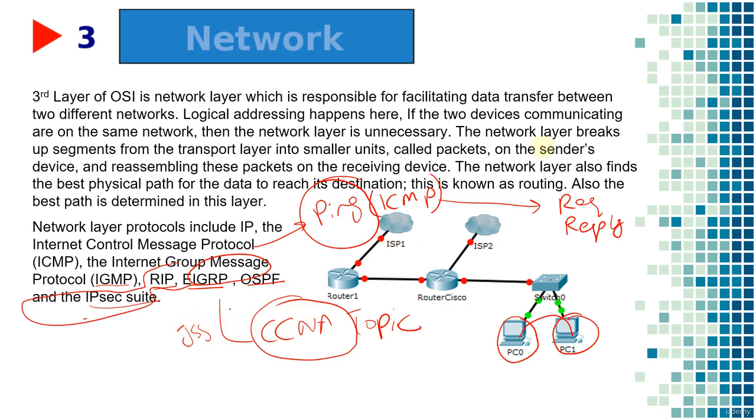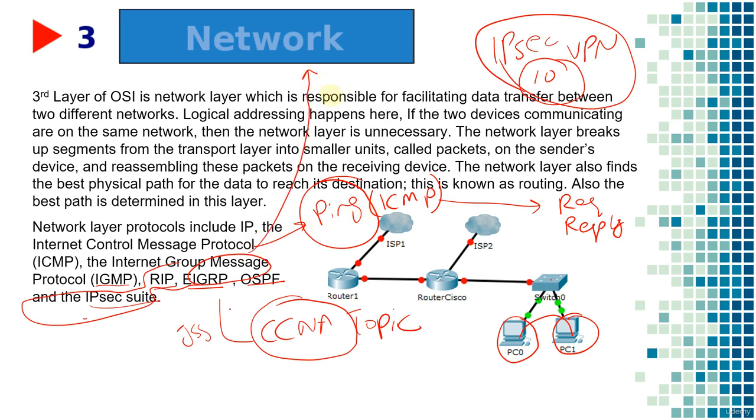Even just IPsec VPN, I think we have more than 10 sessions talking about it in detail. So whatever routing protocols happen on this layer, it is called the network layer. RIP, EIGRP, OSPF all belong to this OSI layer, which is the network layer.